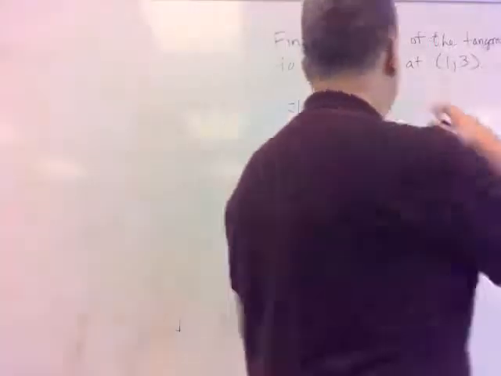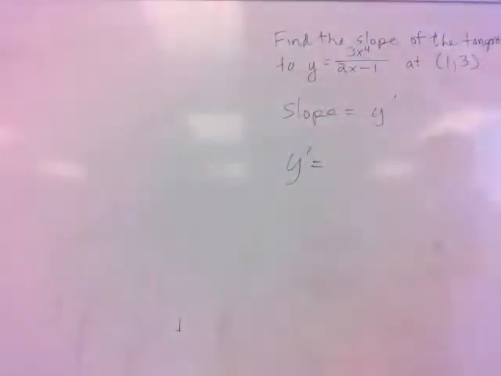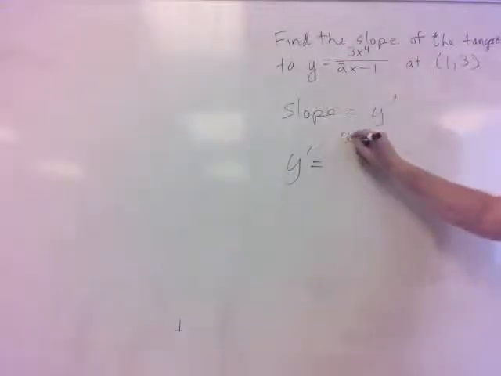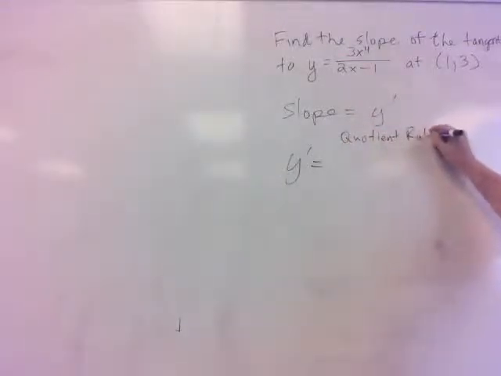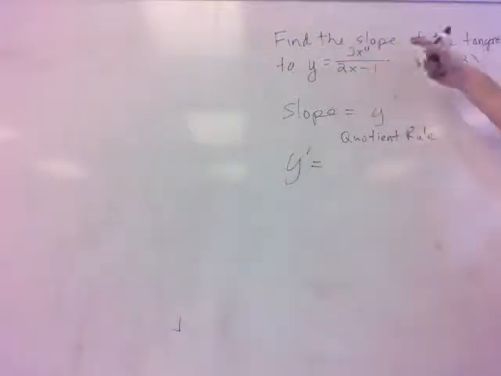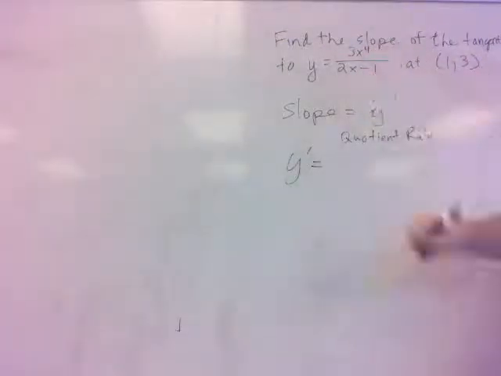How do I find the derivative here? I've got to use the quotient rule, because I got a quotient, a fraction, something divided by something else. How does the quotient rule work? Low d high minus high d low over low squared.